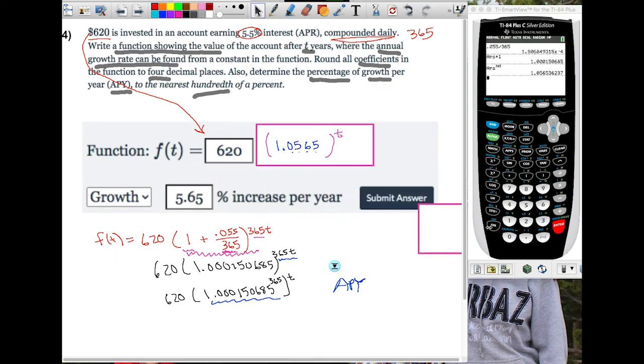Now, to find this percentage here and to submit my answer, the reason why it's 5.65% is this number right here. It's growth. So I take this number minus 1, and I get 0.0565. Convert that to a percentage, 5.65%.